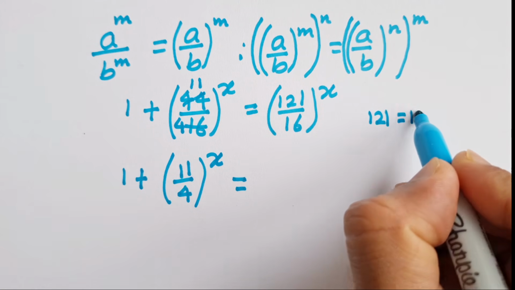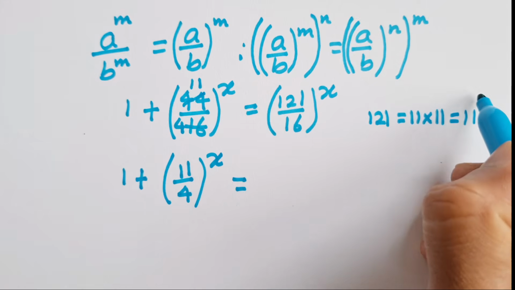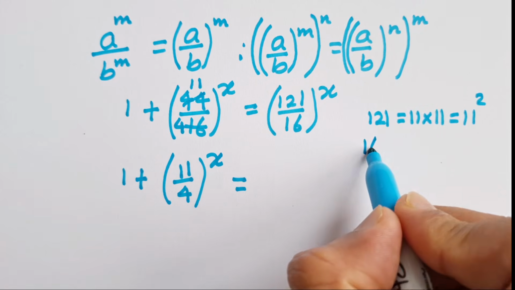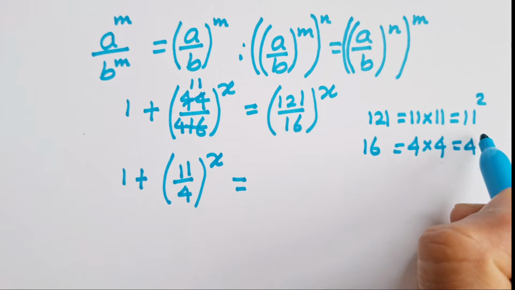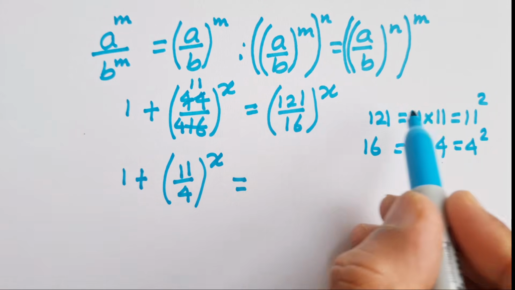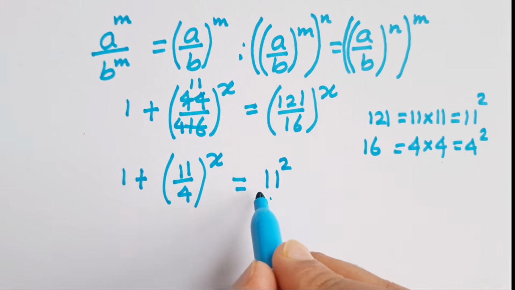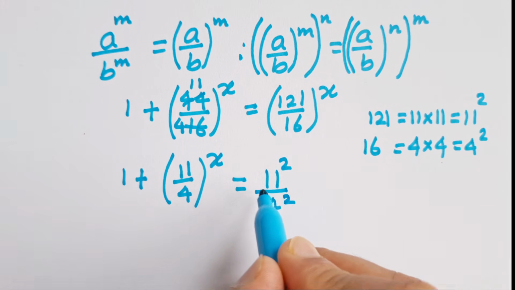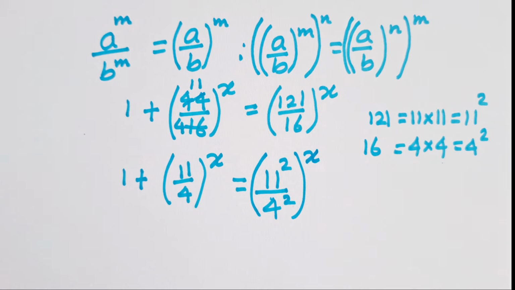It is equal to 11 times 11, which means 11 squared. And 16 is equal to 4 times 4, it is 4 squared. So I can substitute here for 121 it is 11 squared, for 16 it is 4 squared whole to the power of x.